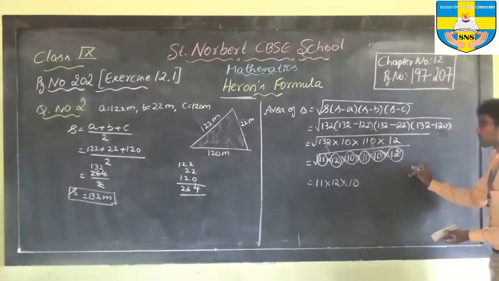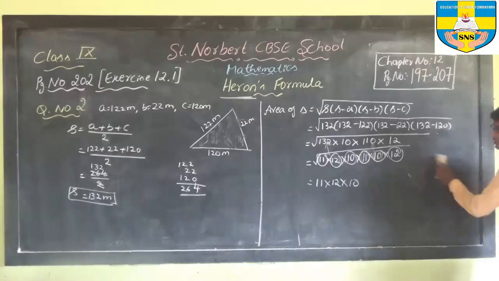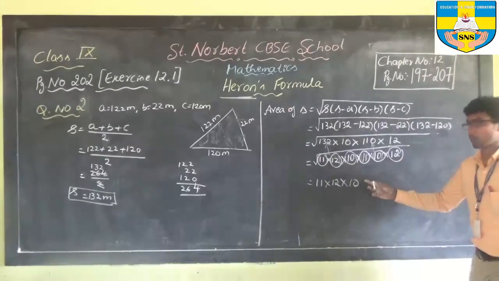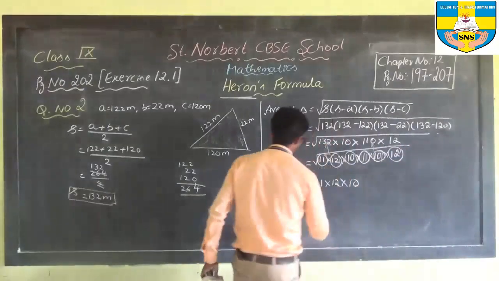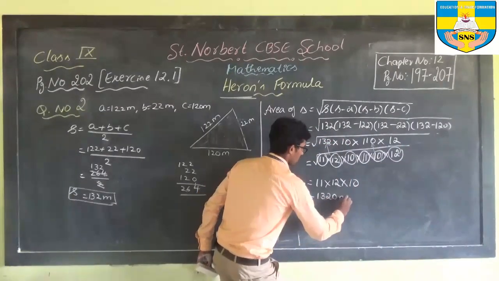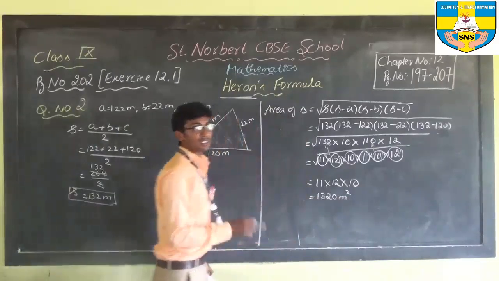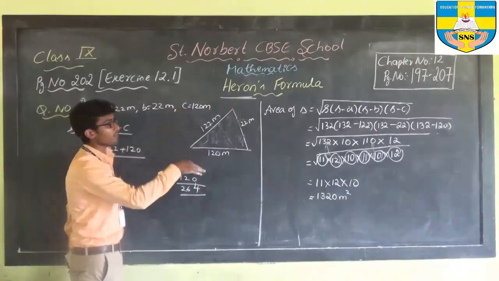Suppose it is square root of 2, I can't neglect. Square root of 3, I can't neglect. But when it is square root of 1, it is nothing but 1 only. You can simply leave that number. Now multiply this. When you multiply this, you will have 1320 meter square. This is the area of the triangular portion under the flyover.